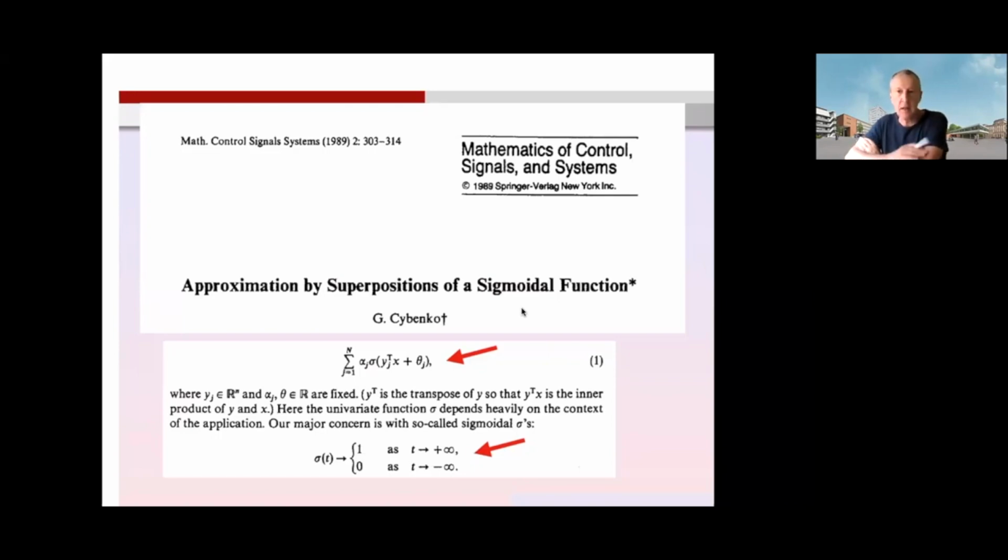This was actually the original proof of Cybenko on this universal approximation, the fact that a combination of sigmoids, translated, dilated, scaled, were able to generate an approximation of any function.